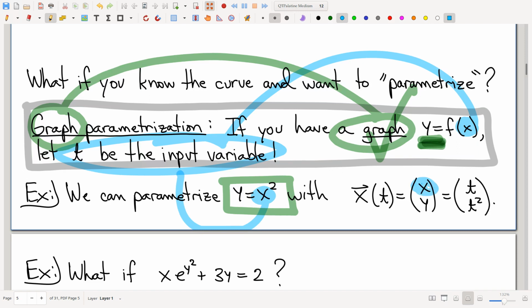As instructed, I'm going to let x equal t, and I claim we've already won. It's already over. Just following this instruction, let t be the input variable. Because if I let x equal t, then I have to let y be t squared. And done. Now I have position as a function of time, victory.